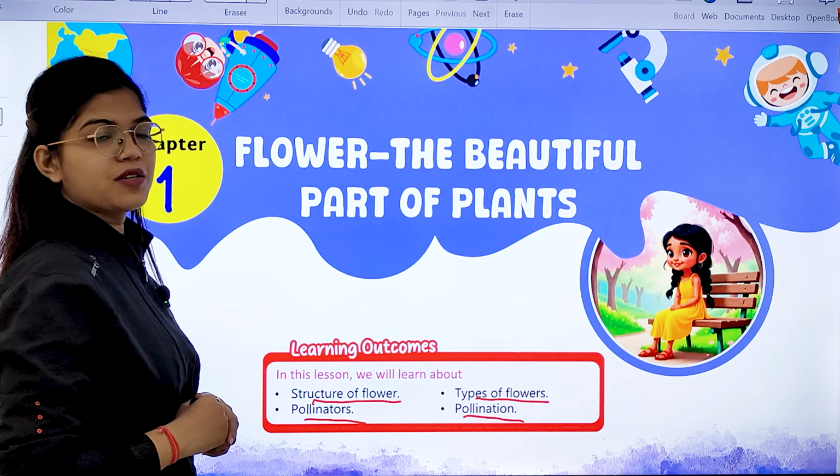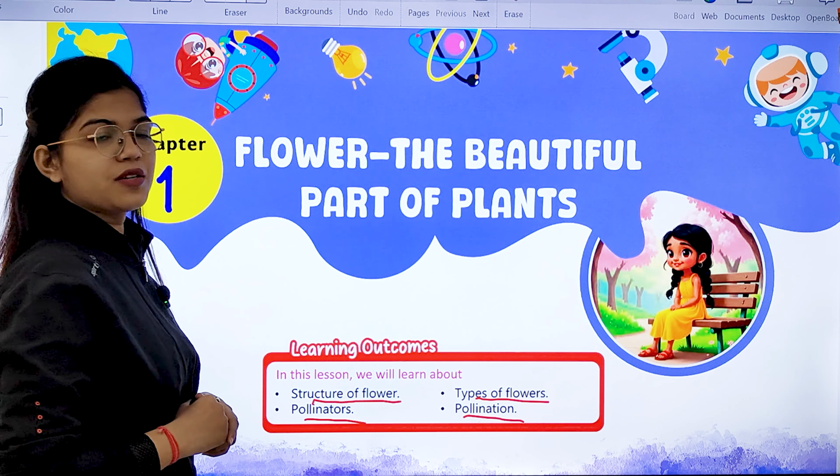The number of stamens is usually the same as the number of petals. Okay. The number of stamens present in a flower will be equal to the number of petals present in that particular flower. Now, as we all know, this anther and filament all together make what? Stamen. Right?